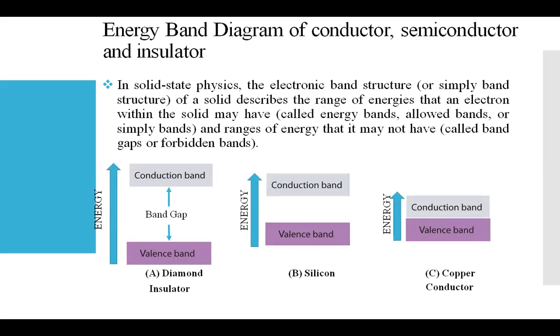Right now you can see the energy band structure and its level between the valence band and the conduction band. In which structure is the energy level gap more? In which structure is the band gap width higher?